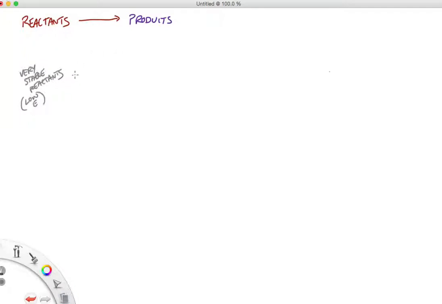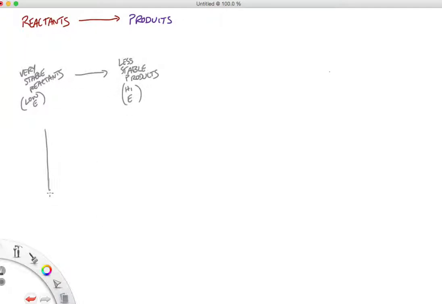And then if we change these very stable reactants into less stable products, so we rearrange them, now they're less stable relative to these very stable reactants. They're going to have, we'll just say, relatively high energy compared to those reactants.